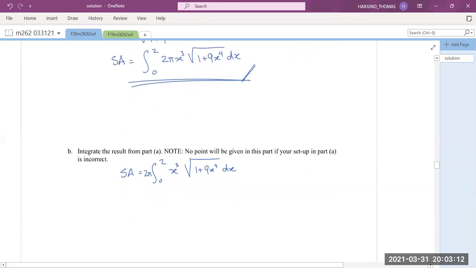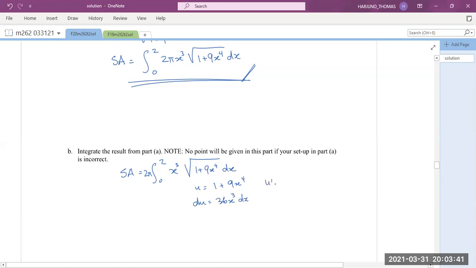Any suggestion how to integrate this? We can do u substitution first. What is the u sub then? 1 plus 9x to the 4th. So du equals 36x cubed dx.